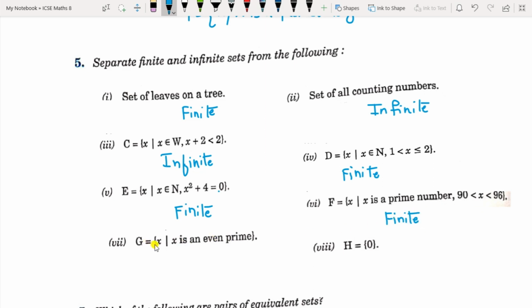Then G. G is an even prime number. So even prime number is only 2. So it is finite. H is 0, it is given. So this is also finite.